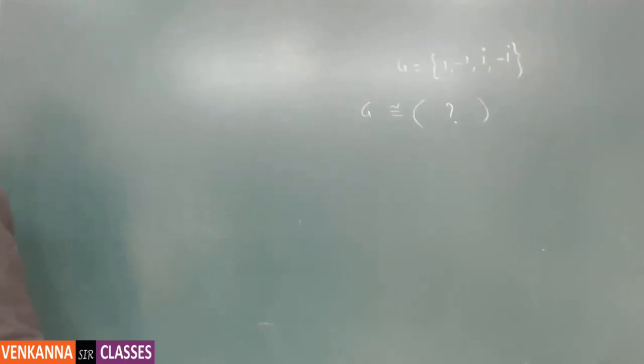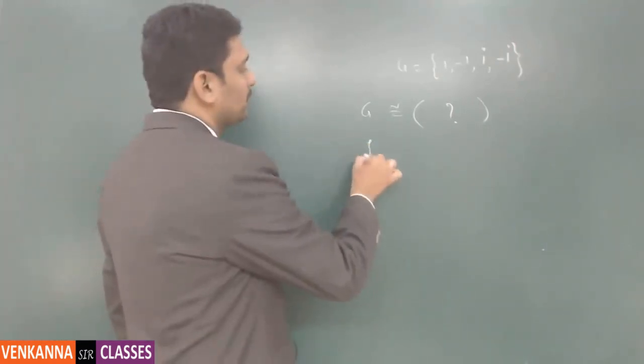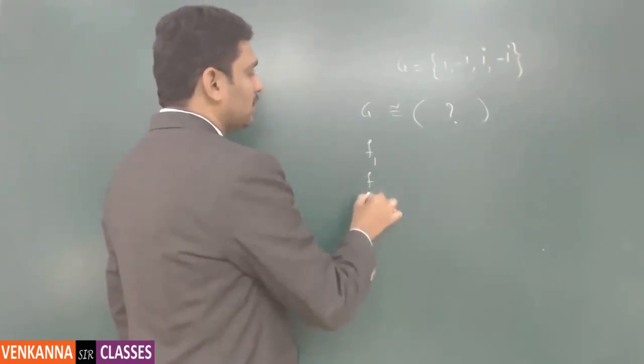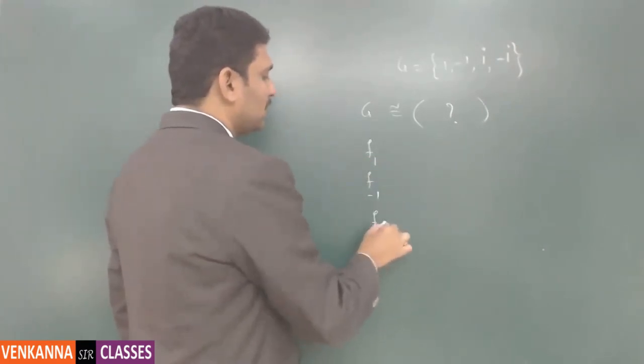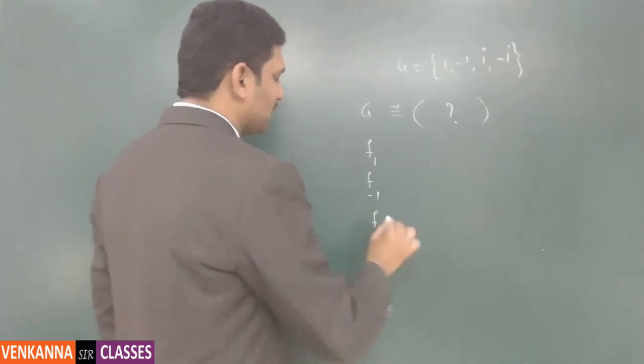So if you want to construct a permutation group, it also must contain exactly 4 permutations, because you are constructing an isomorphism between them. So those permutations are namely F1, F minus 1, Fi, F minus I.